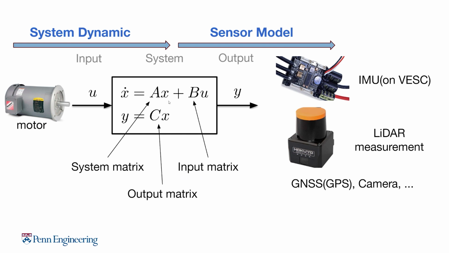And then if we have the state of the system, how can we get the output by the output matrix? So for the output part, we have our sensors.